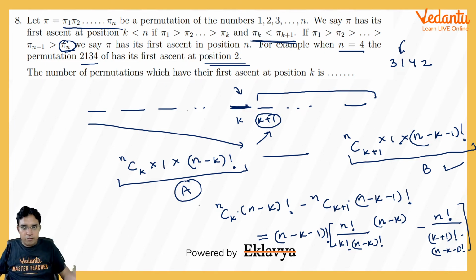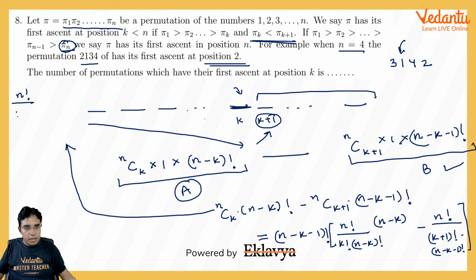Instead I should have multiplied this. Yes, let me do the calculation here. I should have written this as n factorial upon k factorial, because n minus k factorial will be cancelled, and the same thing will be done here also, n factorial upon k plus 1 factorial. I think this one is better.